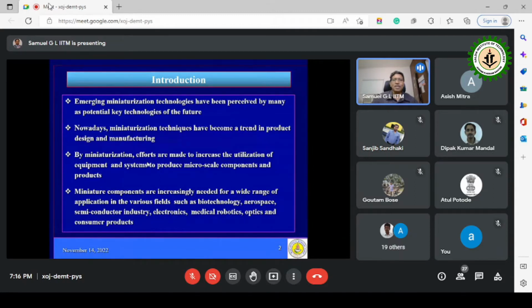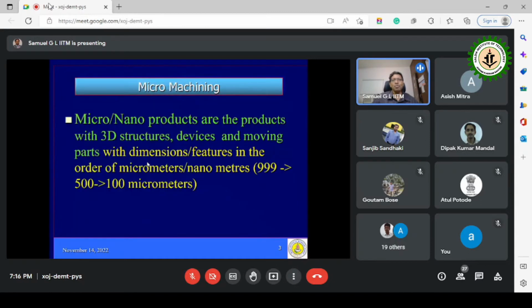Thus we have a lot of advantages when we scale down the product. I'm going to give you some examples in my lecture, where we can understand how miniaturization, micro and nano scale manufacturing, has completely revolutionized the way things were made and how we look at manufacturing.